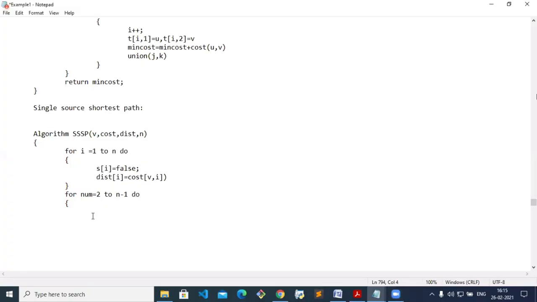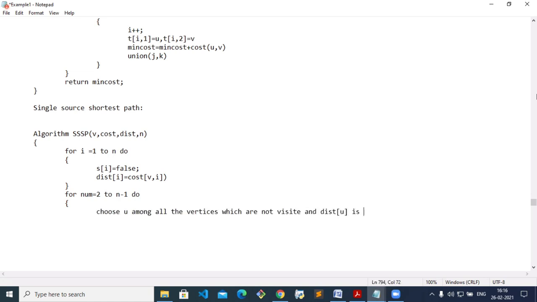For num equals 2 to n minus 1, do, what are we choosing? Choose one vertex. That vertex I'm assuming as u, among all the vertices which are not visited and where distance of u is minimum.